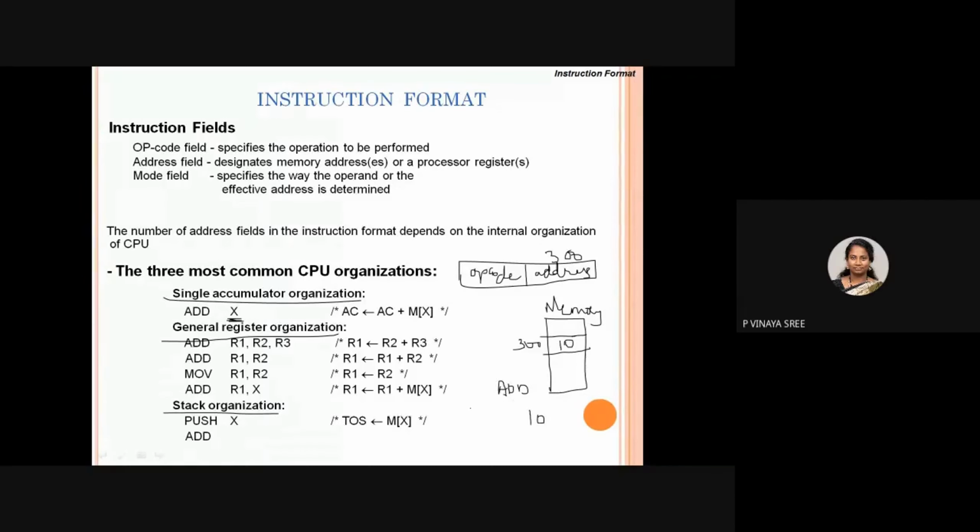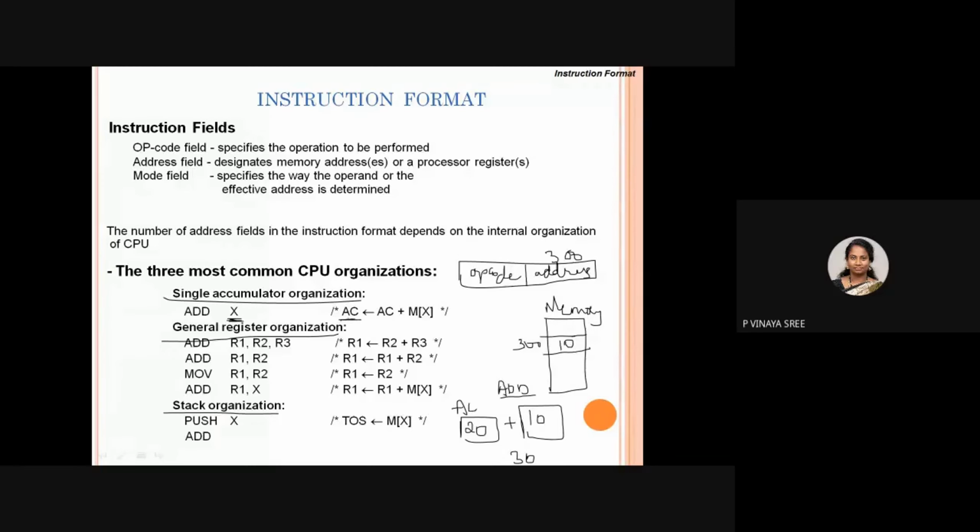If the accumulator holds 20, then whatever we have at address x and the 20 in the accumulator are added, based on the opcode, addition. You get the result 30, and the result is stored back in the accumulator.